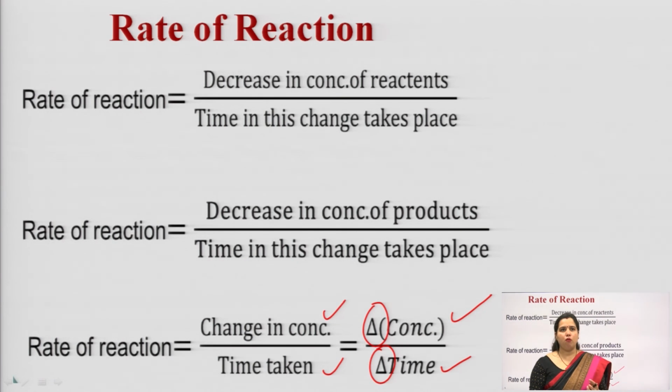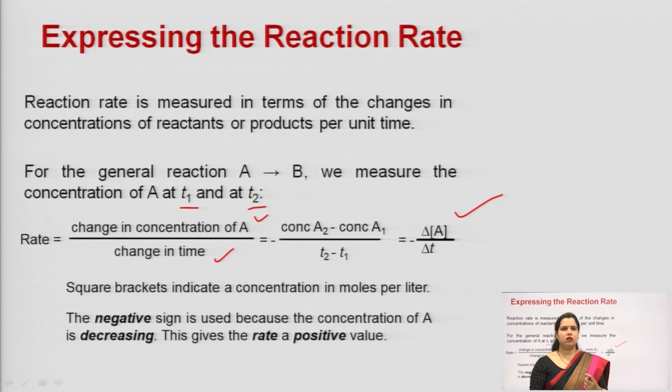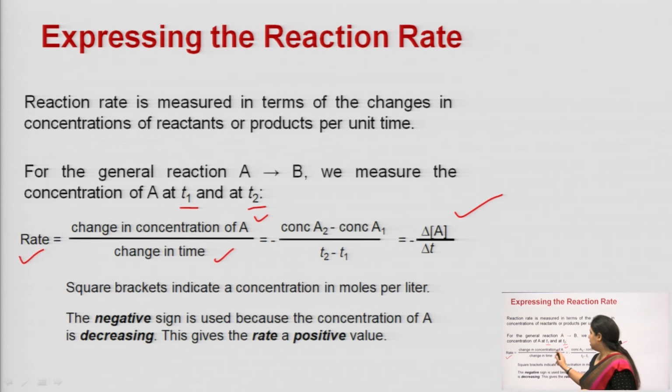These are the formulas through which we can express the rate of reaction mathematically. Now, expressing the reaction rate, depending on the constituents taking part in the reaction with respect to time, we can calculate using this equation: change in concentration of the constituent or reactant divided by change in time.